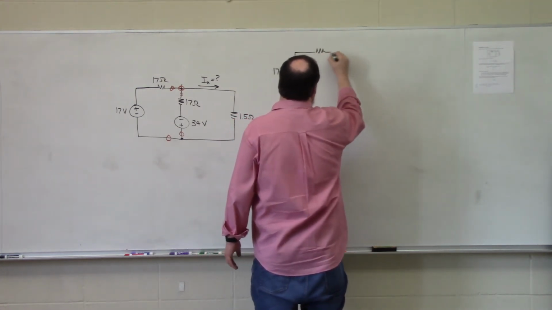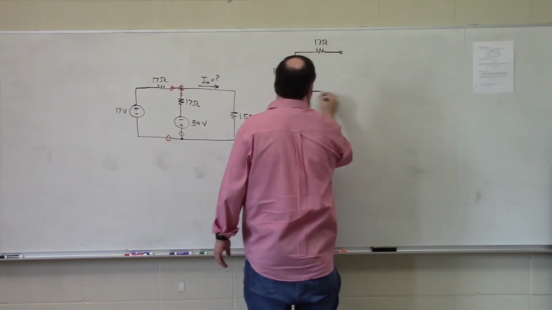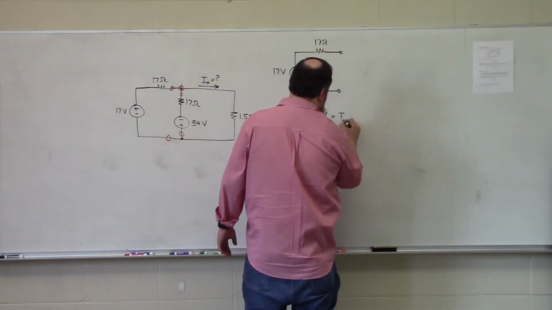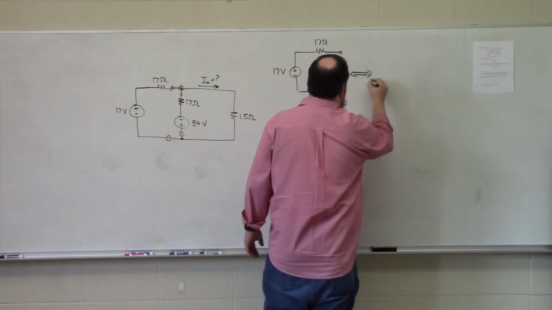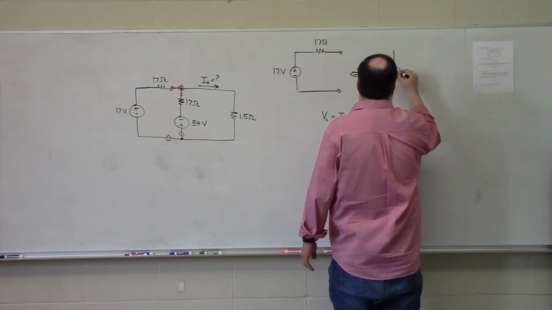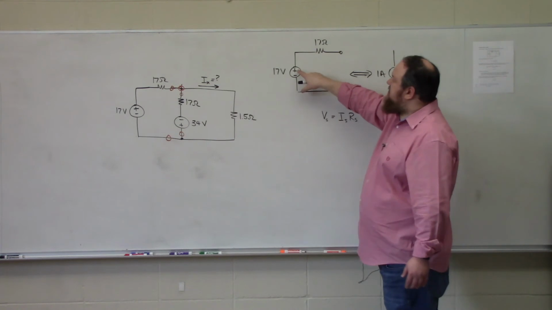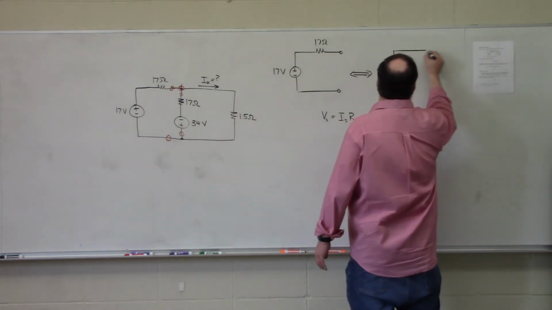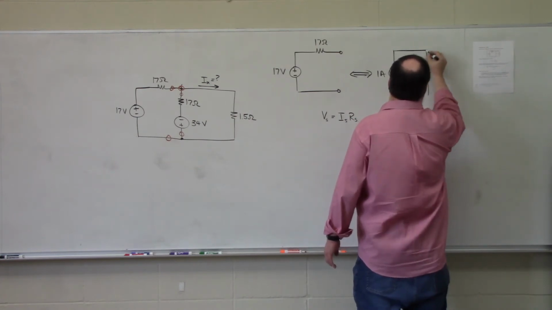17 volts in series with 17 ohms, again using the relationship Vs is equal to Is times Rs, has an electrical equivalent of 17 volts divided by 17 ohms, which is 1 amp, where since my positive polarity terminal is on top, my arrow needs to be pointed up, in parallel with a 17 ohm resistor.